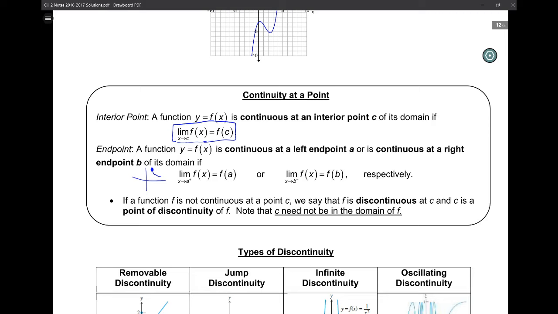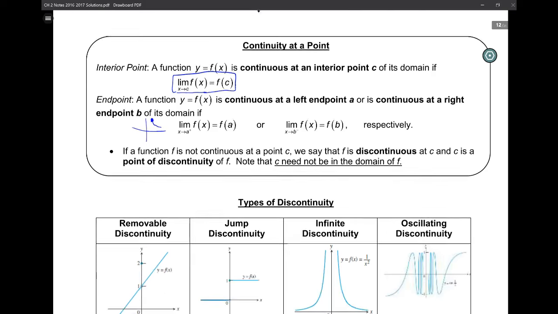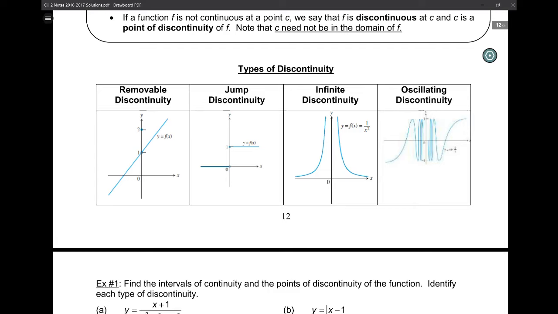That's continuous at a left endpoint, and then a right endpoint would just be the opposite. Okay. We'll go through examples. So depending on if it's an endpoint, we just look from one direction, but at an interior point, we want to look at from the left, from the right, and at the point.